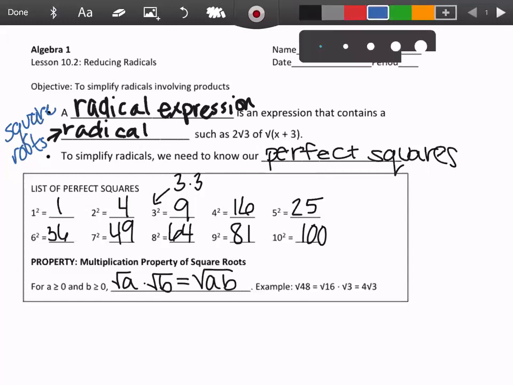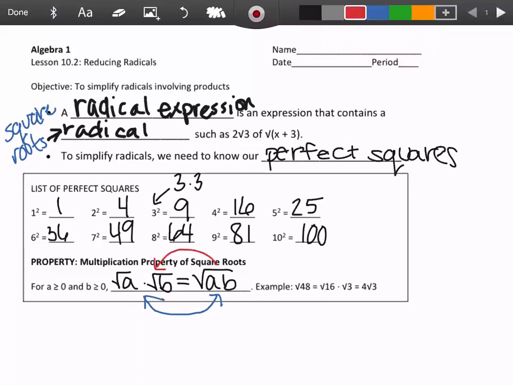It's important to know that we can take separate square roots and put them underneath the same square root, or we could go in the reverse. We could break it apart. We could take a square root where two numbers are being multiplied and separate them out.